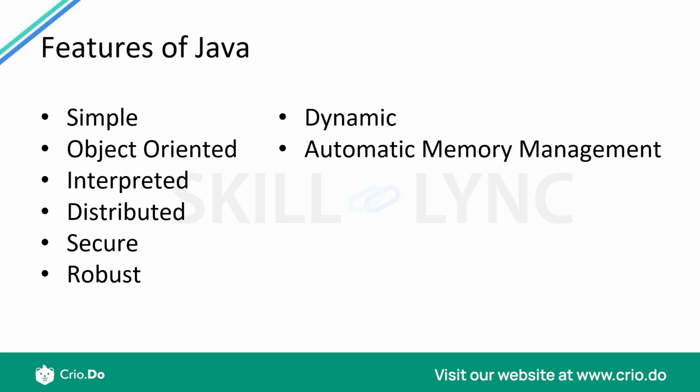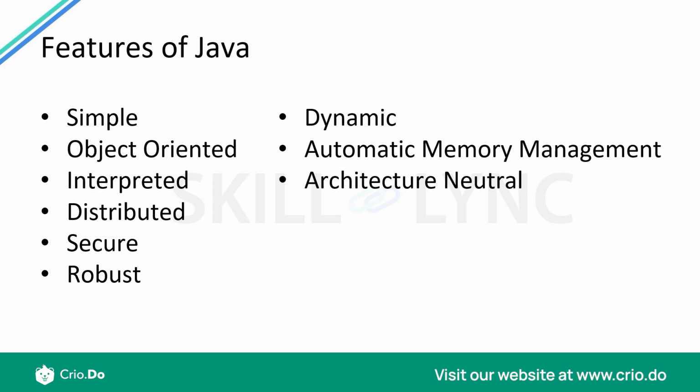Architectural neutral, of course, as I said, that whatever architecture is there of the machine or of the operating system, we do not care about that. So you have your Java code. What happens is that your Java compiler will convert that code to something known as bytecode. Okay, so once that bytecode is created, then that bytecode can be run on any different OS just because of the different interpreter of Java on that particular OS.